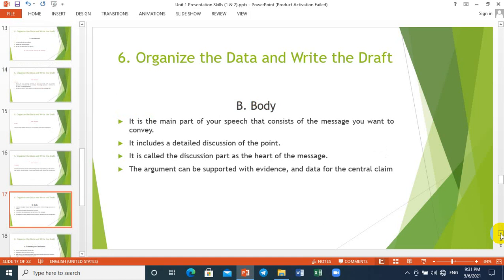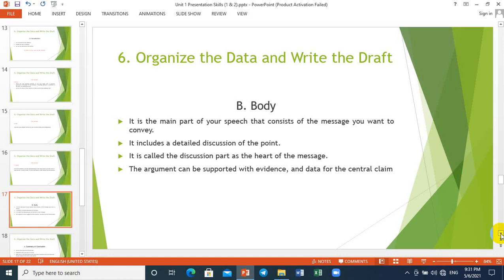And the second part of our presentation is the body. It is the main part of your speech that consists of the message you want to convey. It includes a detailed discussion of the points. It is called the discussion part of the body of the message.